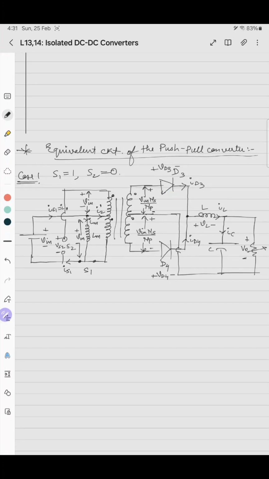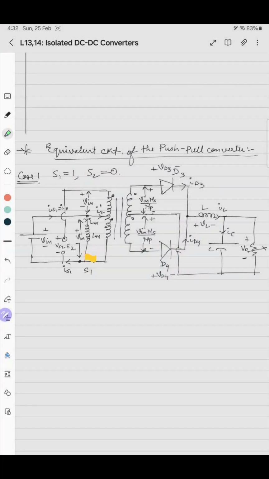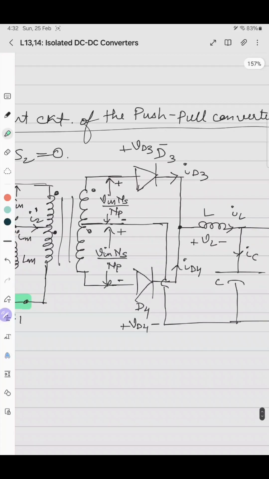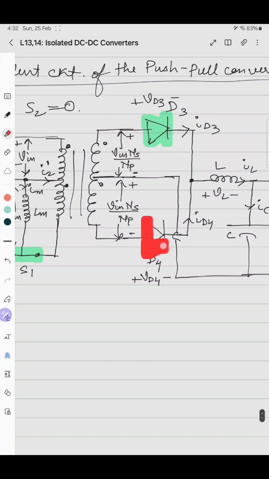So basically, I am using the green color for this, that it is turned on. So this is turned on. As the positive terminal in the secondary is connected here, it will be on, and this will be turned off.